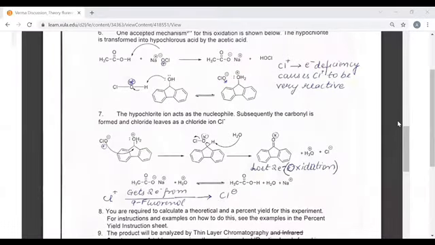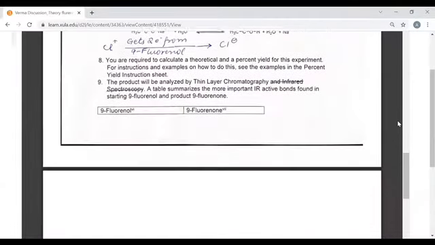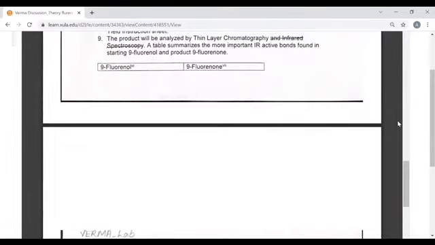Going further, just remember, instead of fluorenol, we can give you any other alcohol also. So for example, I can give you a molecule like this.